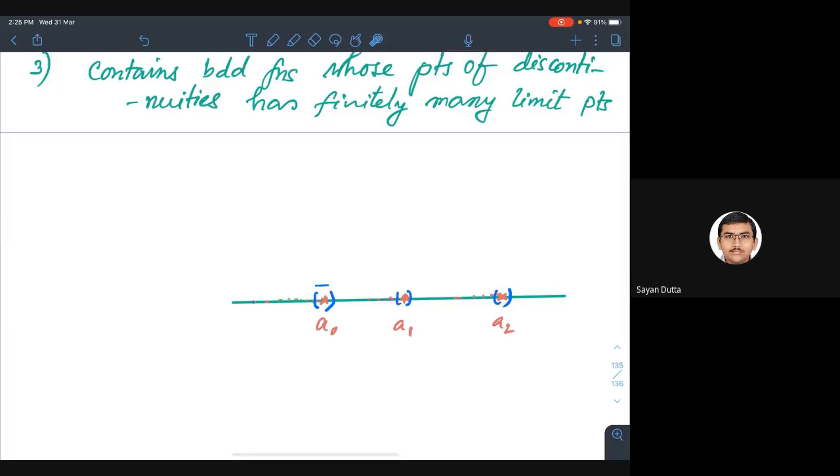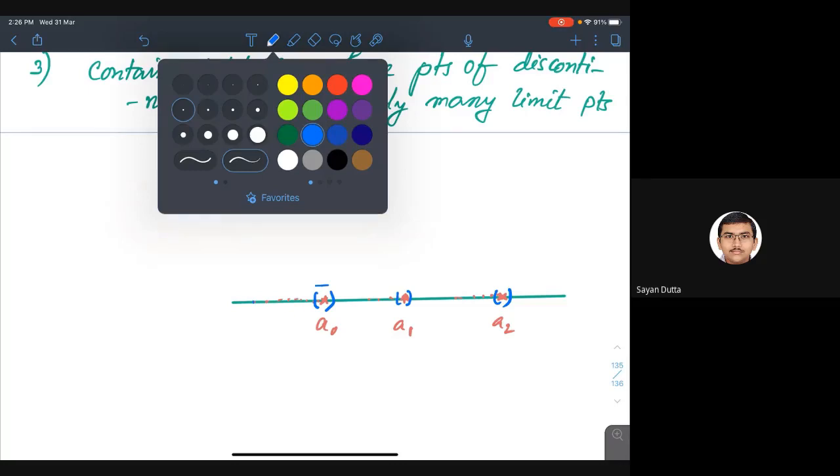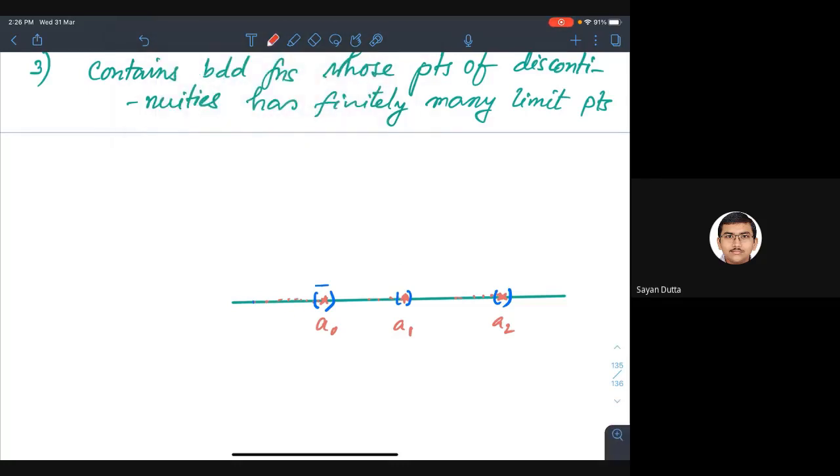So outside these three neighborhoods, you have only finitely many discontinuities. So there this is integrable. On this part also, the condition on the partition, upper sum minus lower sum less than epsilon, is satisfied. On this part also it is satisfied, right?